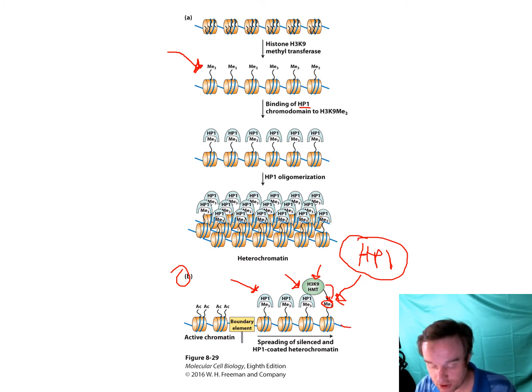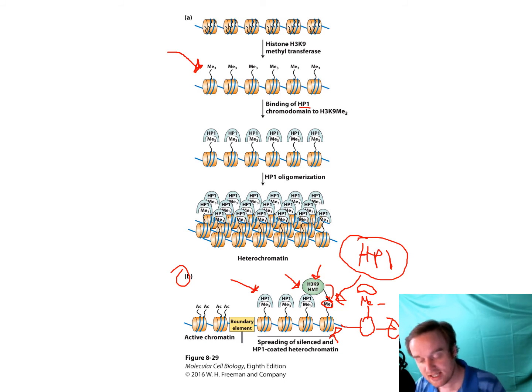And then if you can imagine there being another histone here and another histone here, this can continue to occur, where now that there is an HP1 right here where it previously wasn't, this H3K9 and HMT complex can then add a methyl group here, which will allow another HP1 to come bind, and it will continue to go.